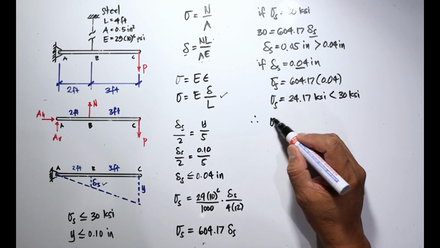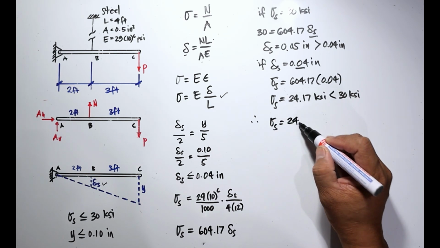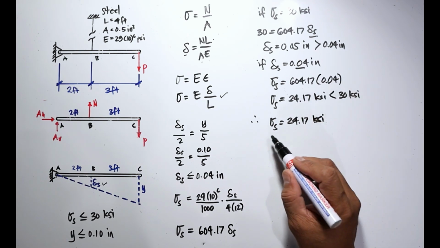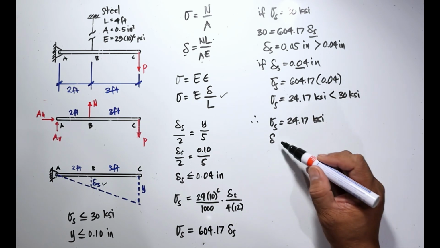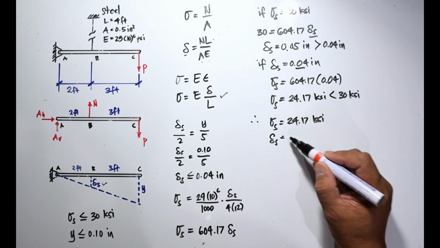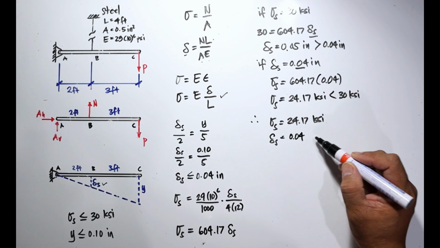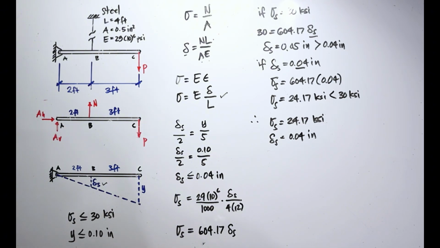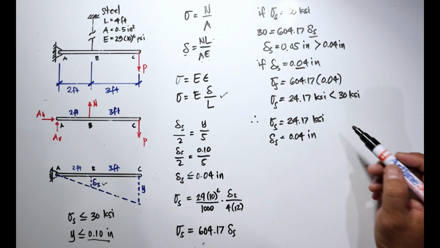Therefore, the stress is 24.17 ksi. And with this stress, our elongation for the steel, delta S, is 0.04 inch. And this by ratio and proportion will give the movement at C to be 0.1 inch. So we will use this one.